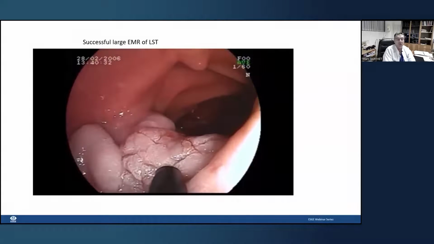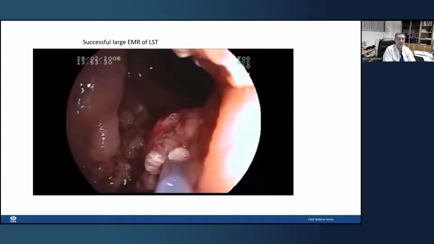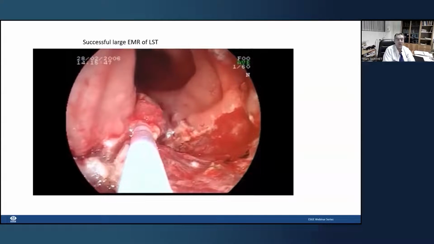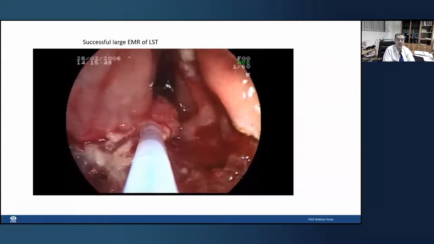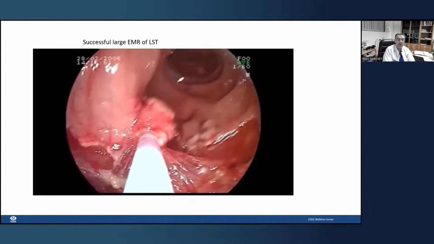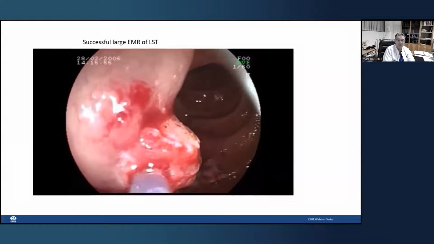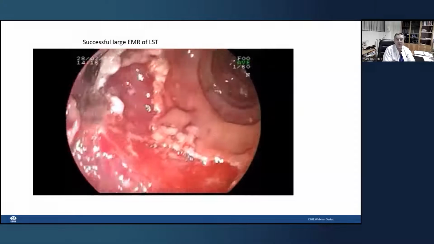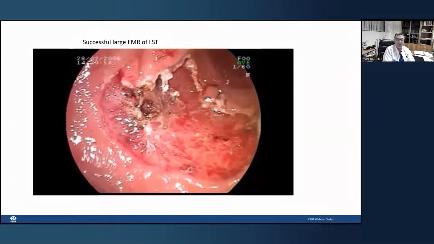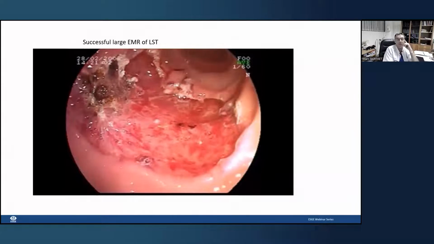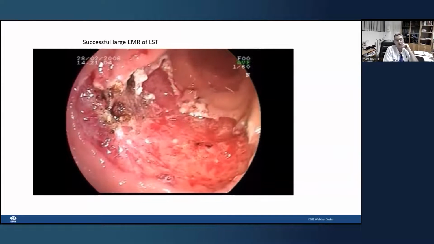I use a 15 millimeter snare, and you go close by close, avoiding leaving any adenoma bridge inside. And I use a 25 gauge needle. At the final step, after about three quarters of an hour of resection time, we had a complete resection.